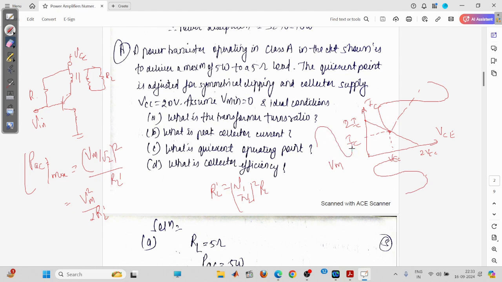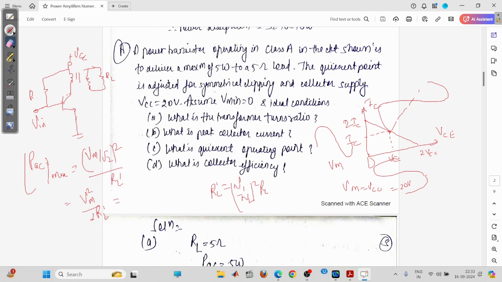So you can see the peak to peak value of VCE is twice VCC. So what is the peak value, which is the maximum value? Minimum value is 0. So Vm will be equal to VCC, and I think VCC is given as 20 volt. So Vm will be equal to VCC, and that will be equal to 20 volt.